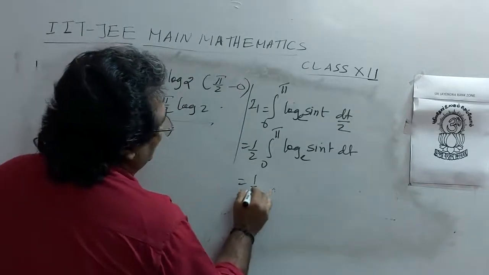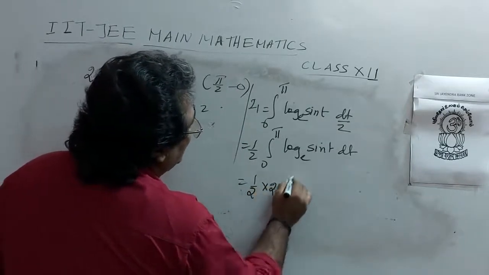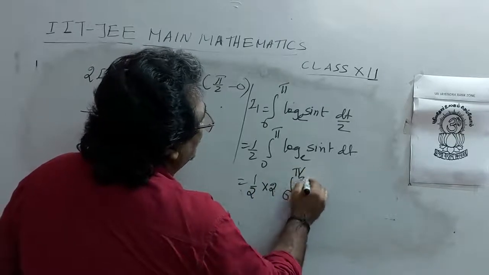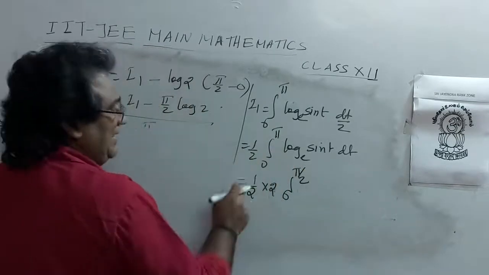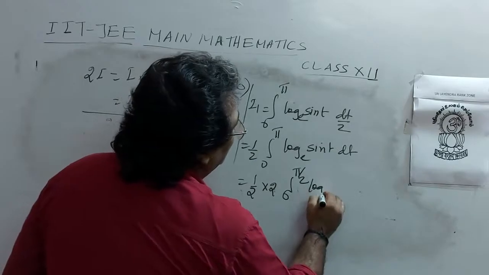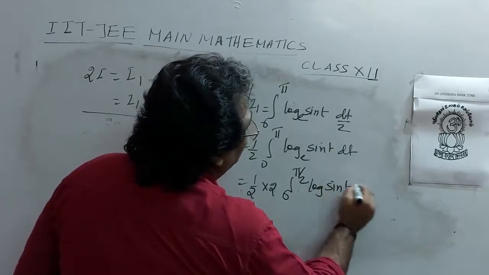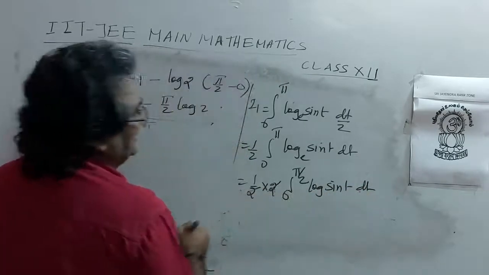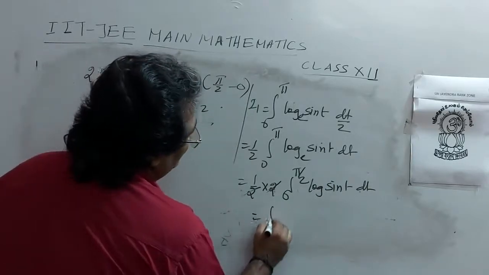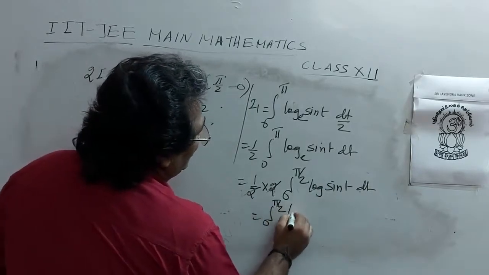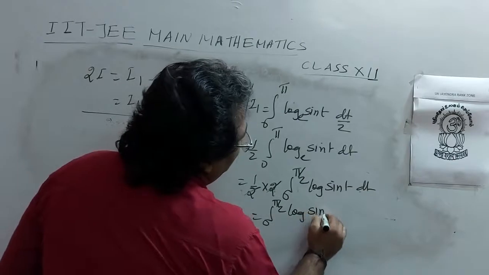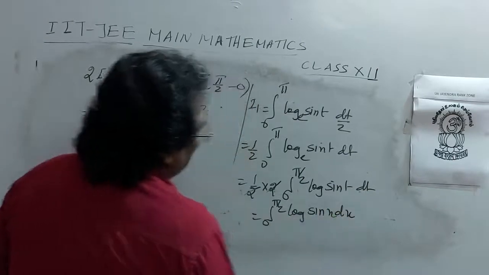So 1 by 2 into 2 into integral 0 to a, here 2a can be written as pi by 2, log sin t dt, which is integral 0 to pi by 2 log sin x dx.